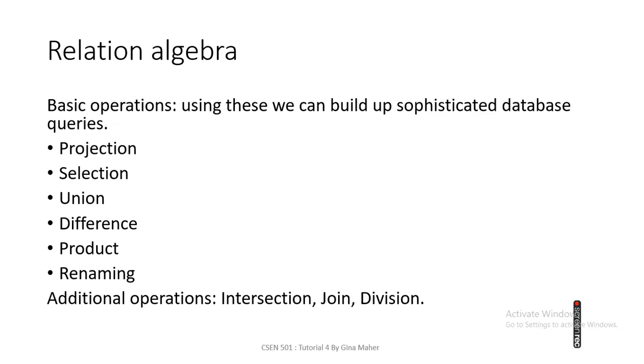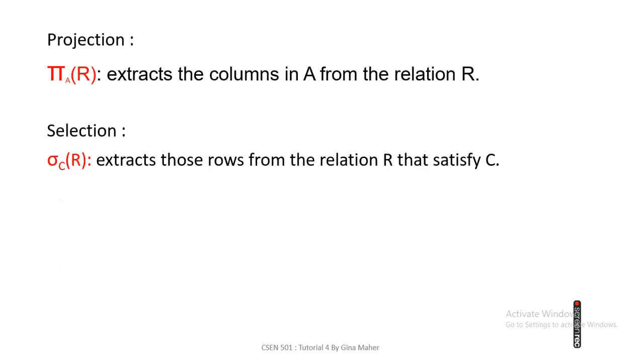Union, difference, product, and renaming. These are the basic operations. However, using these basic operations, we can make other operations such as intersection, join, and division. Let's take an example of each type of operation.